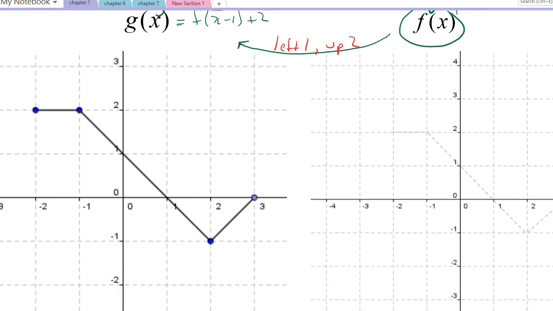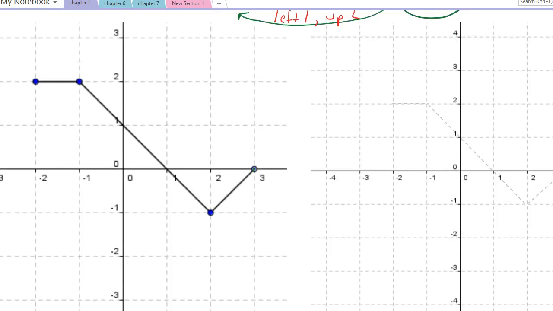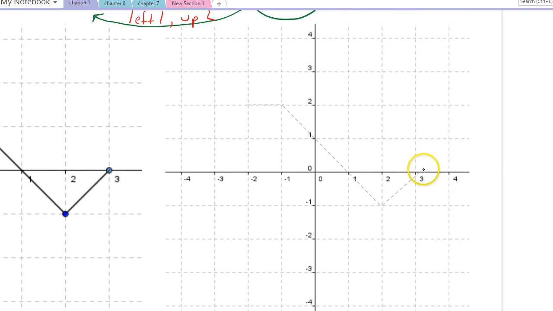Here I can take each of these points and I will go right 1 and down 2. Nicely on here we have the original points made here, so I'm going to go right 1, down 2. I'll take this one and I'll go right 1, down 2, and I'll join that. I'll take this point here, go right 1, down 2, and we'll join that.